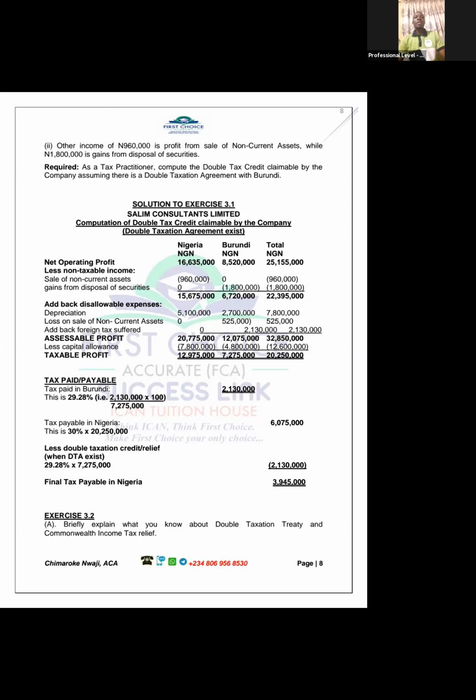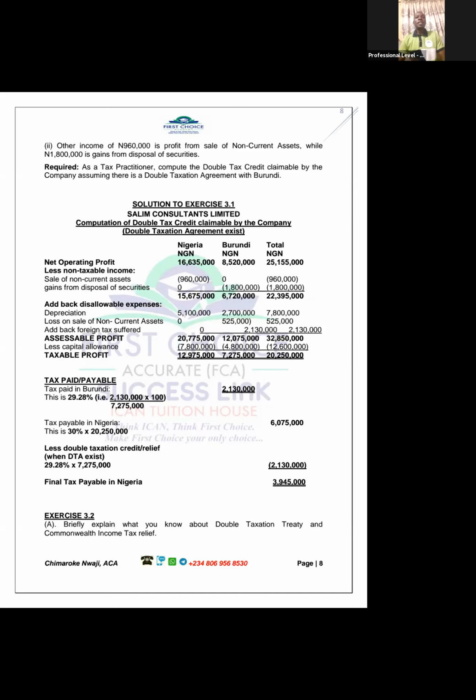The first one is the sale of non-current assets. Now, sale of non-current assets is your fixed assets. You know, if your fixed assets expenditure cannot qualify as your operational expenses, then why should the sale of non-current assets be part of it?